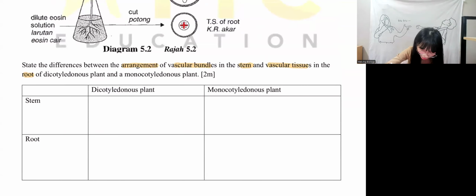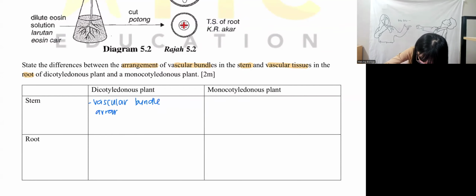So for dicot, we're going to say vascular bundle arranged in ring around the pith.